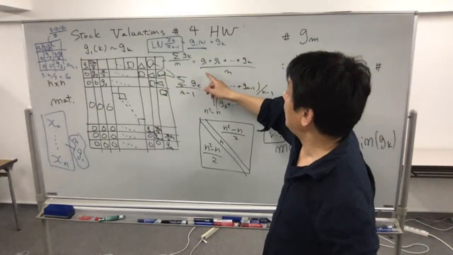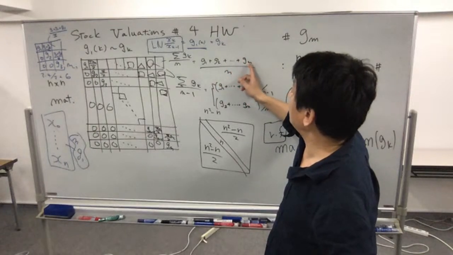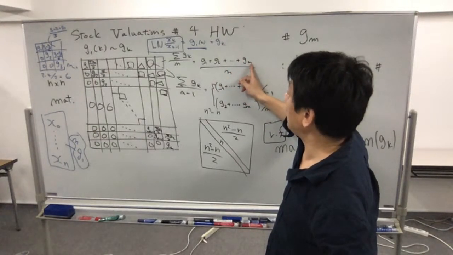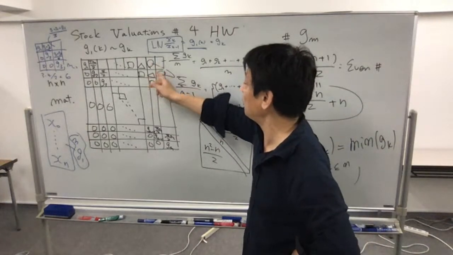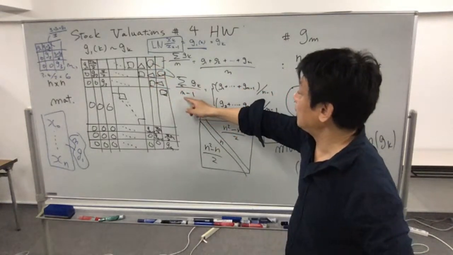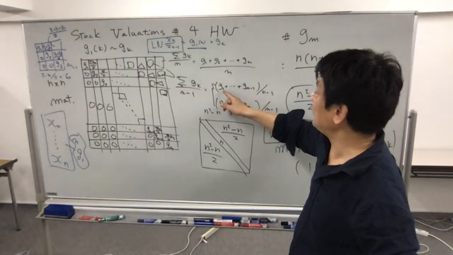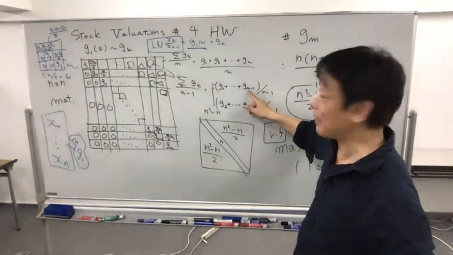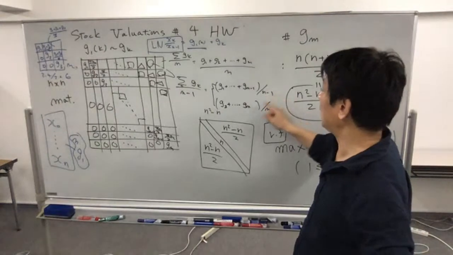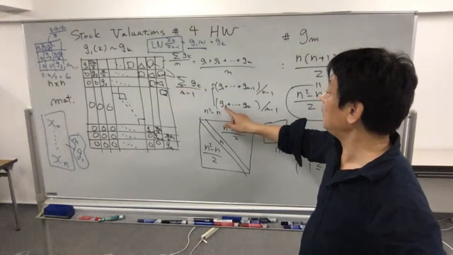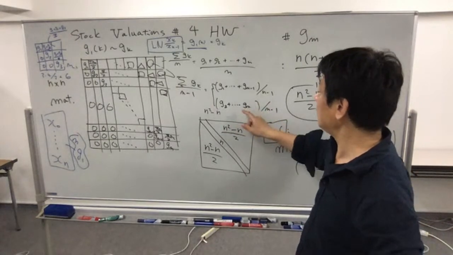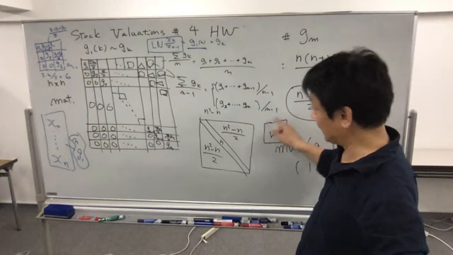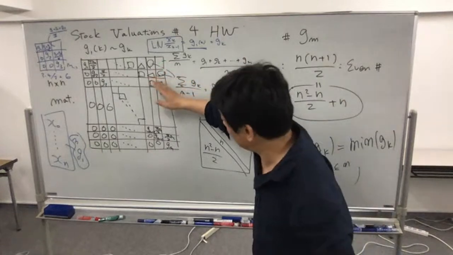And out of n G1s, we use n minus 1 G1s. We have 2 of these combinations: from G1 to Gn minus 1 over n minus 1, and here we have G2 to Gn over n minus 1. So, etc., etc.